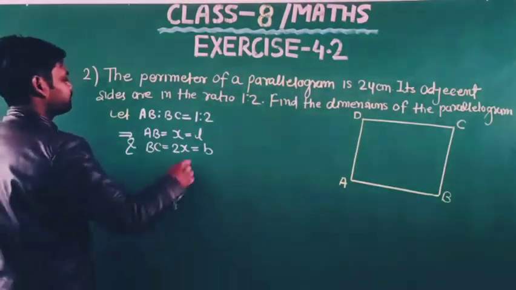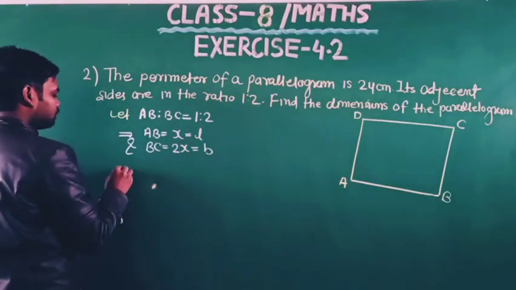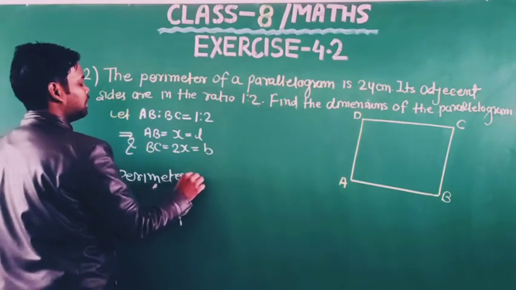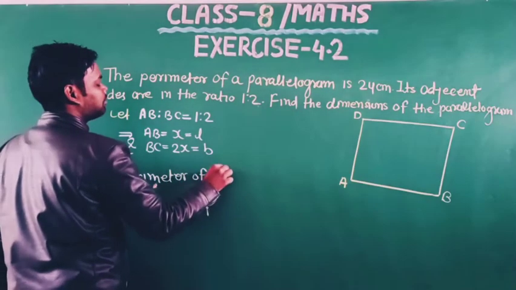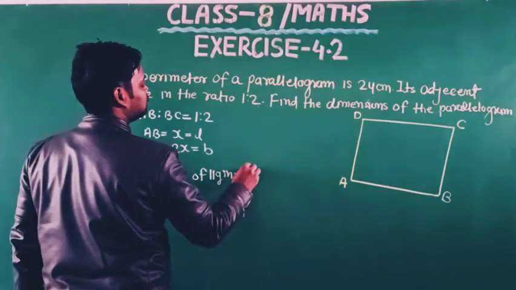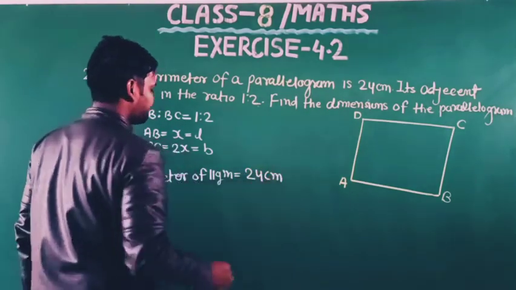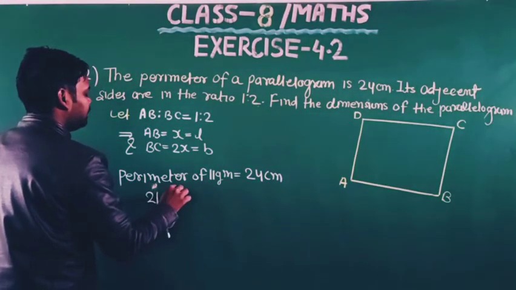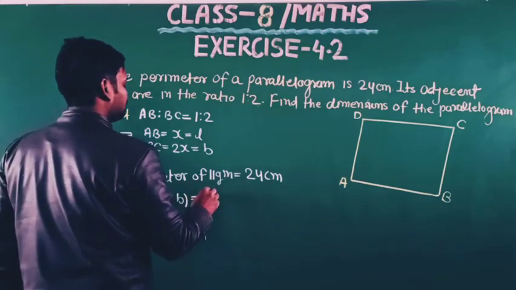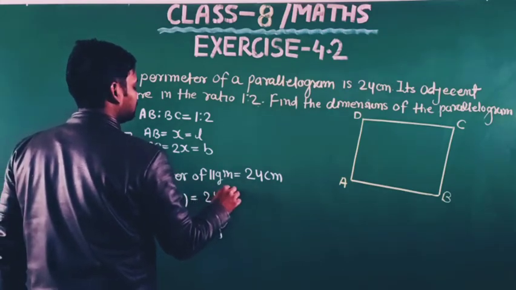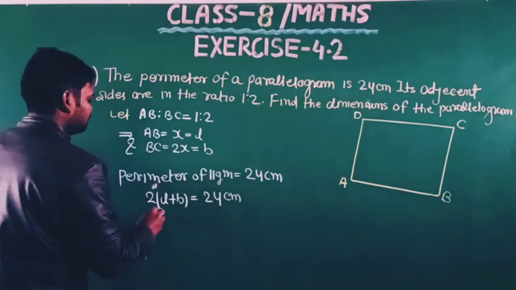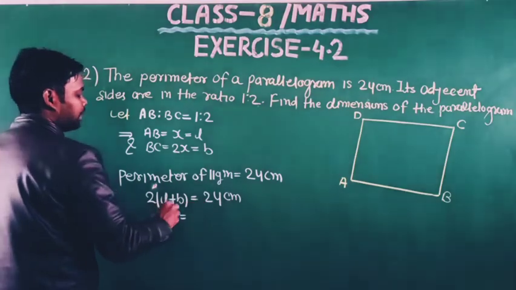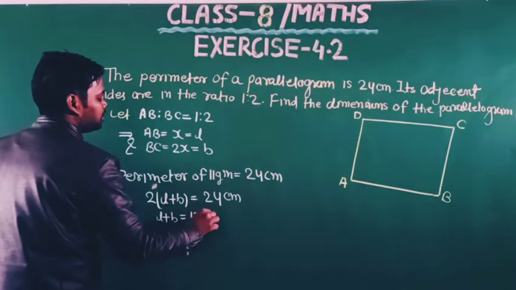We are given the perimeter of the parallelogram equal to 24 centimeter. This means 2 times (L plus B) equal to 24 centimeter, and so L plus B equal to 24 divided by 2, equal to 12 centimeter.